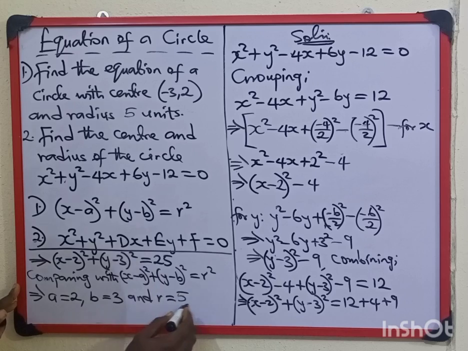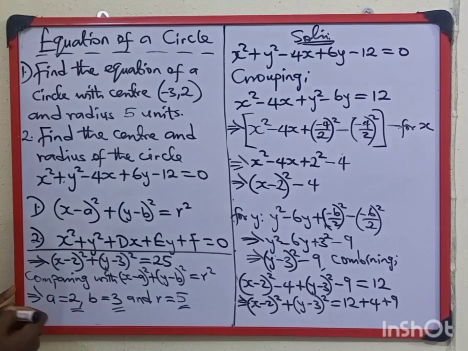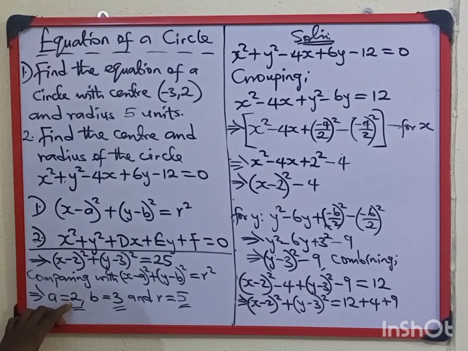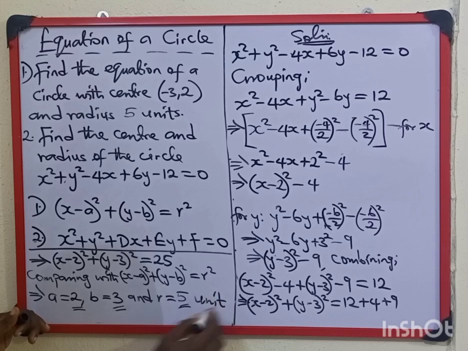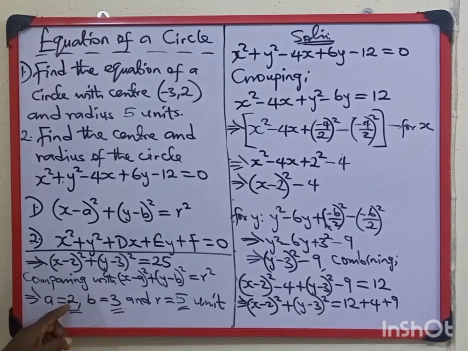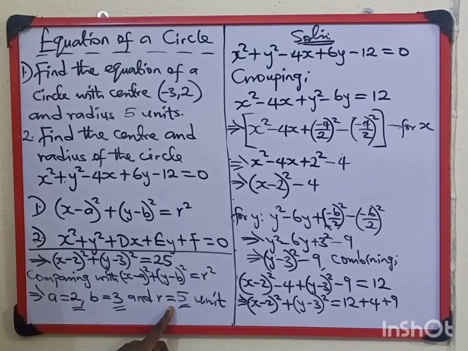So these are the answers: the center is (2, 3), while the radius is 5 units. Thank you for listening.